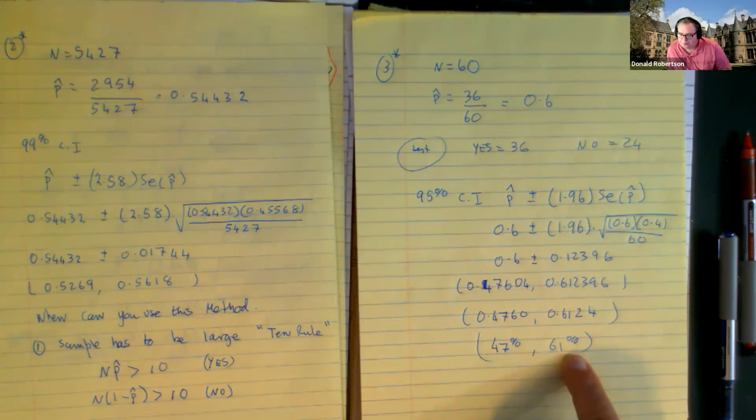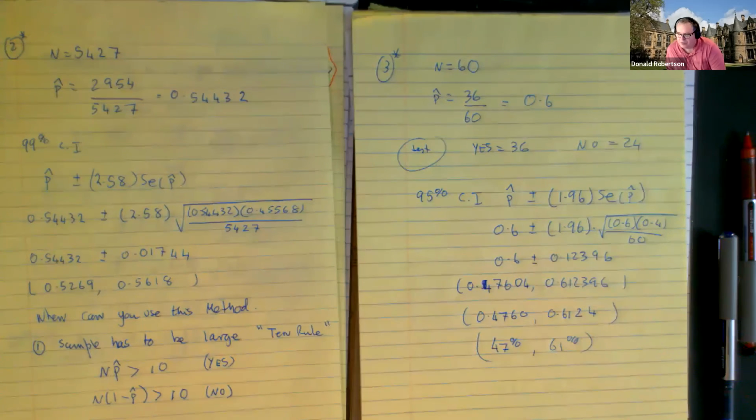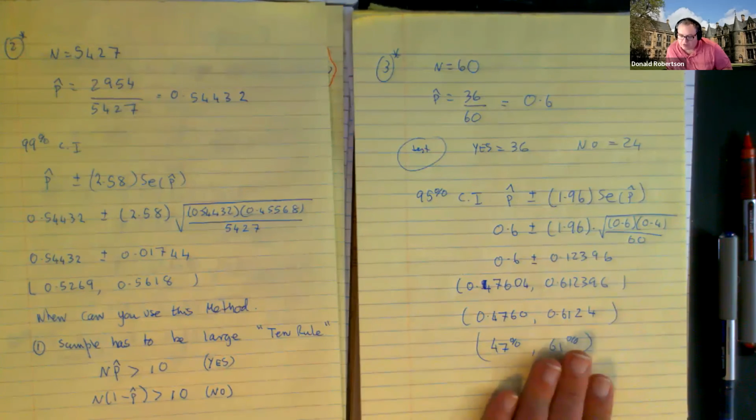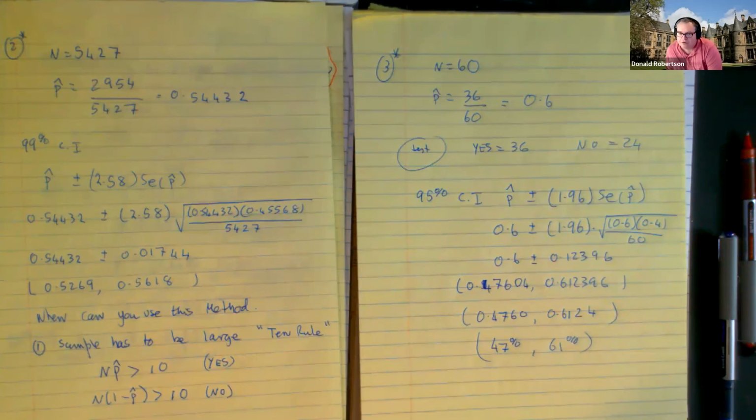No, because couldn't it be 47%, which is less than half? Couldn't it be 48 and 49, also less than half? Remember, any number in the interval is just as likely to be the true answer as not. So this is not evidence that the majority of actors are extroverts, right?